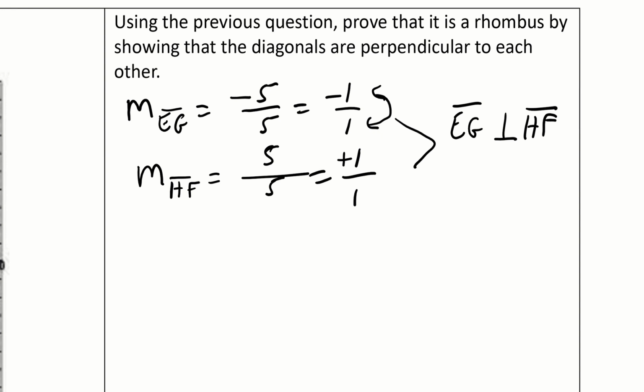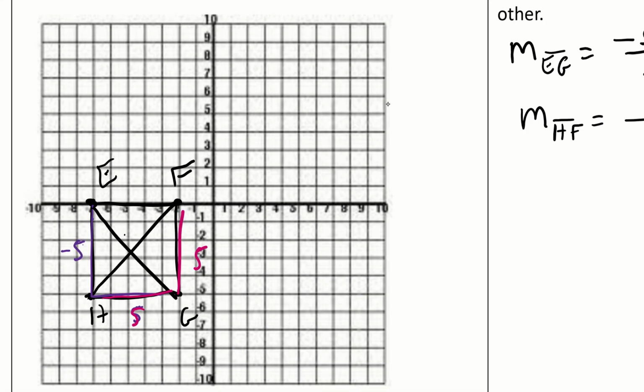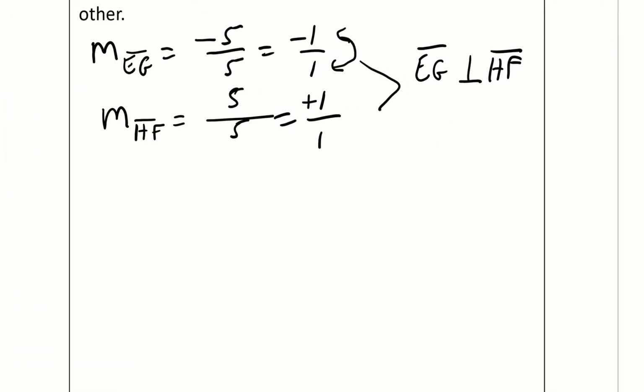We haven't shown that it's a rhombus yet. In order to prove that it's a rhombus, we also have to prove that it's a parallelogram. But we've at least shown that this is a right angle, so I can confidently say that. Now I've got to show that it's a parallelogram.